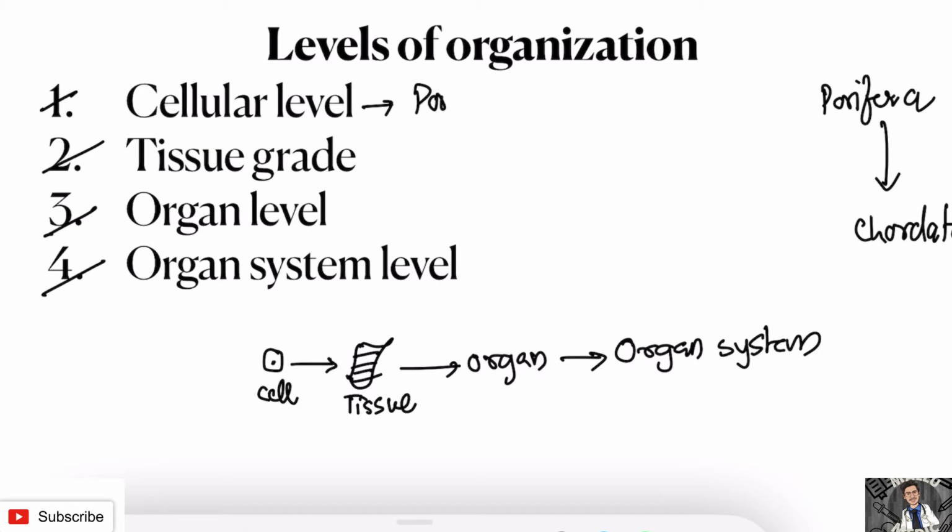So phylum Porifera shows the cellular level of organization, and in tissue grade we have Cnidarians and Ctenophora.